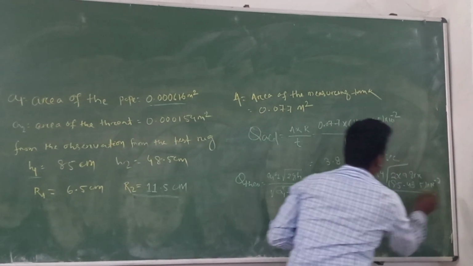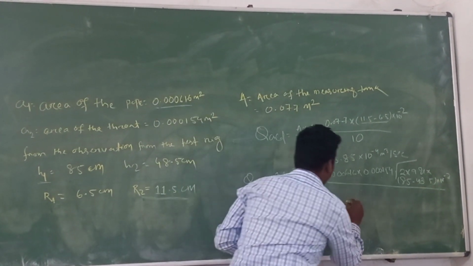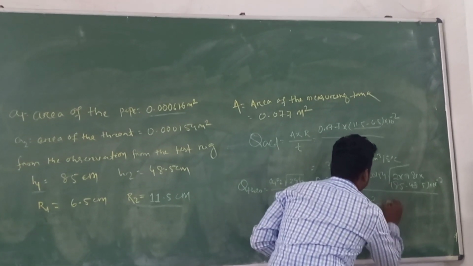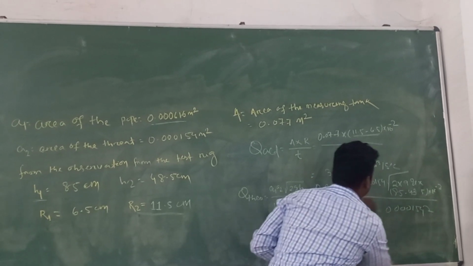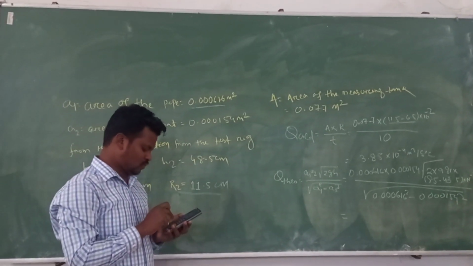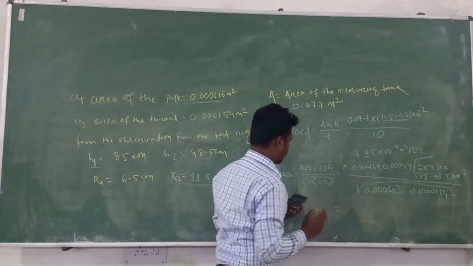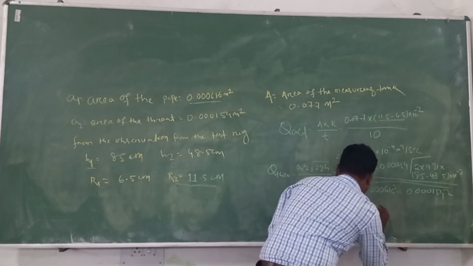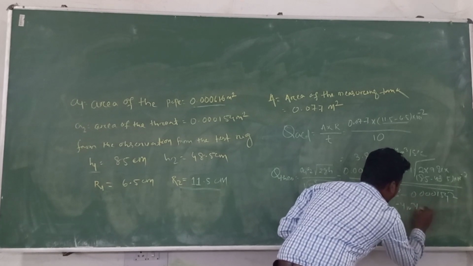To convert the centimeter into meter, we have multiplied the value with 10 to the minus 2, divided by root over of 0.000616 square minus 0.000154 square. So let us find out the value of theoretical flow rate. By calculating this in the calculator, the value comes out to be 4.2562 into 10 to the minus 4 meter cube per second.